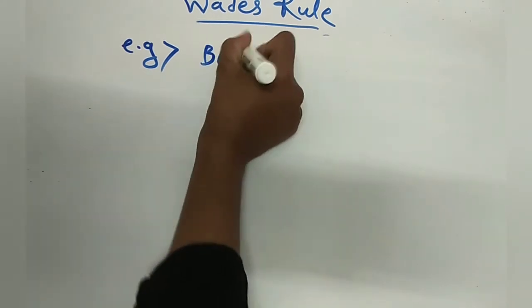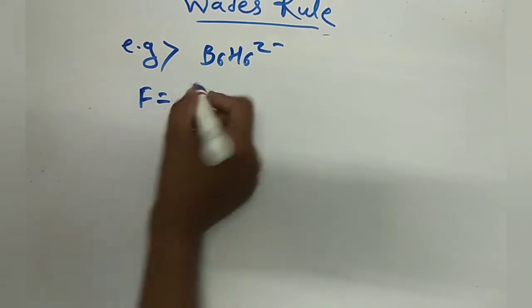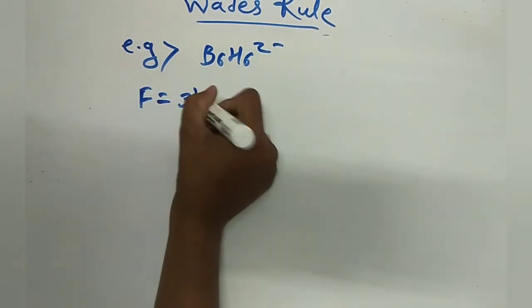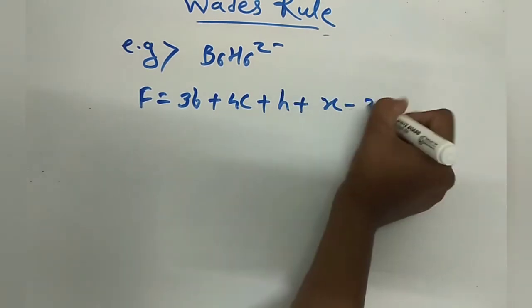B6H6 2 minus. Again we are using the formula F is equal to 3b plus 4c plus h plus x minus 2n.